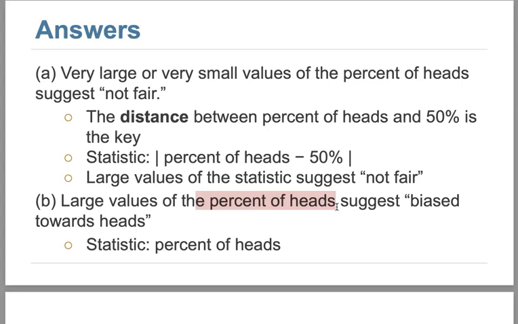But if it's far from 50% in your observed data, then we say it is biased toward heads. Far from 50% means something like 70%, 80%, or 90%. If it's a smaller value, it's not biased toward heads. So the statistic we can use is the percent of heads.